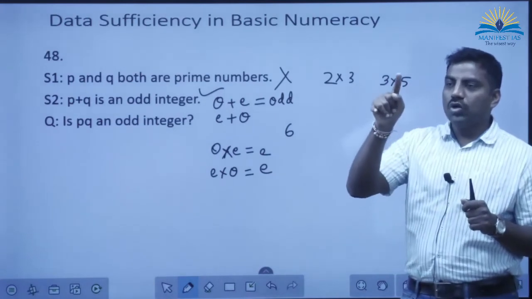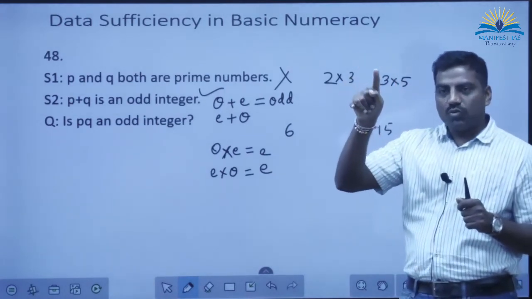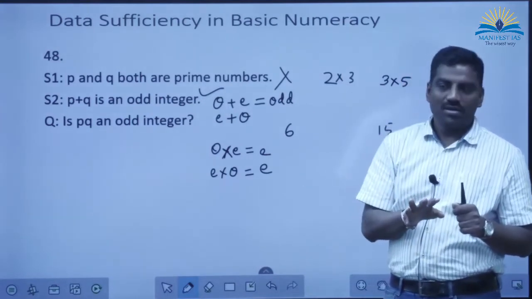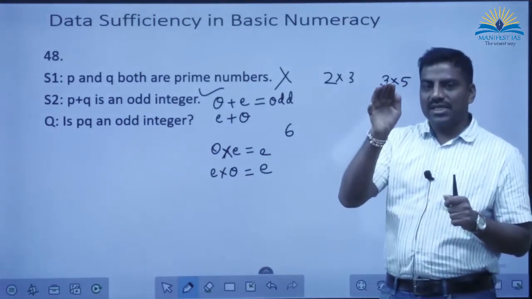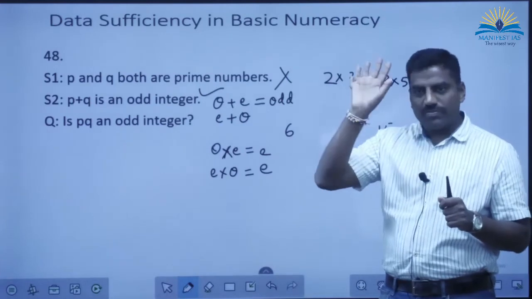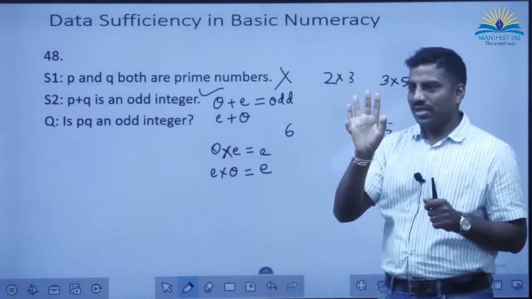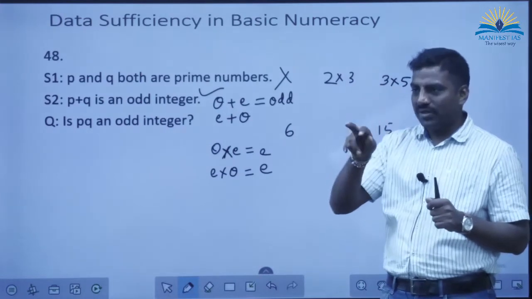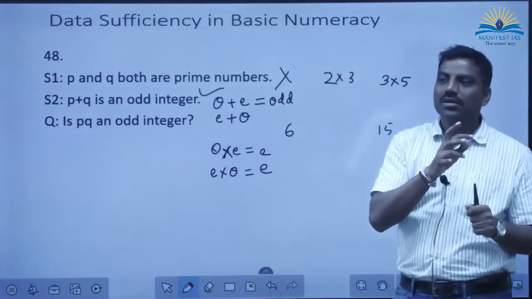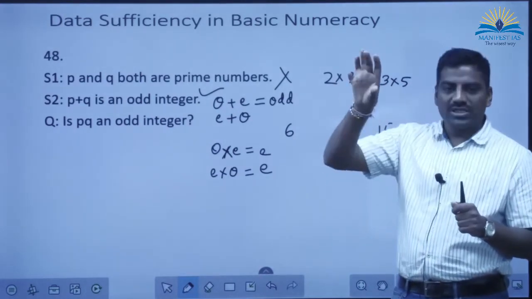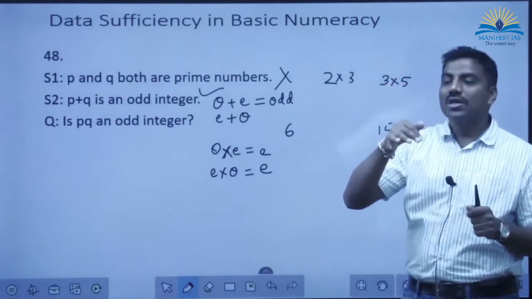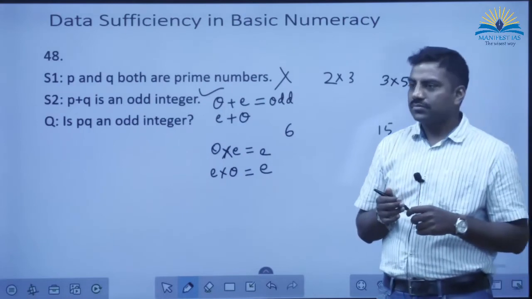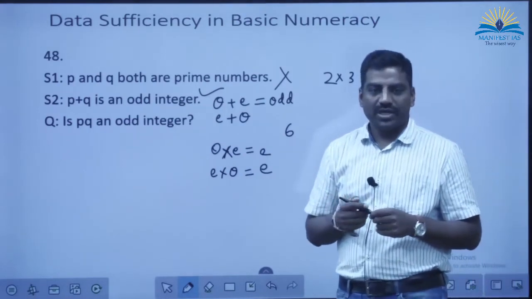If you are able to answer with S1 alone, that is very good. If you can answer only with S2, very good. Stop there. If you get the answer in A and B. If you don't get it, then go for the third option. Combine both the statements and check. If you are not getting the answer there also, then go for the last option. Okay?